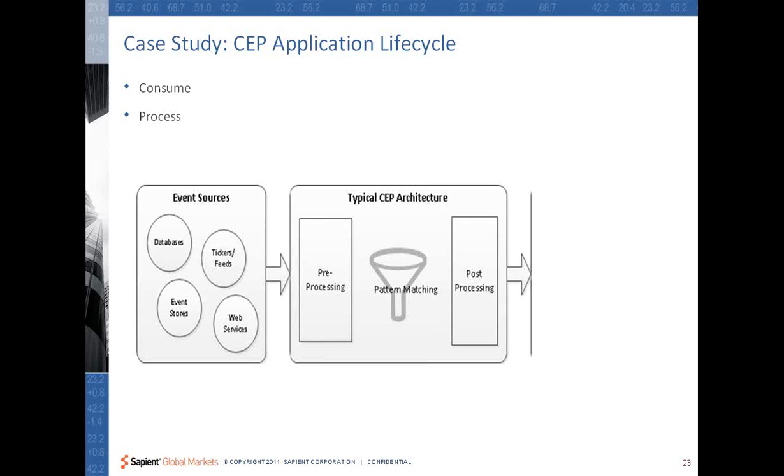In some event sources it could be a pull mechanism or a push mechanism, like we can get this data from the database, or there is some queue on which the tickers or the feeds pricing systems are publishing their data, and we are getting that data from those queues or messaging architecture.